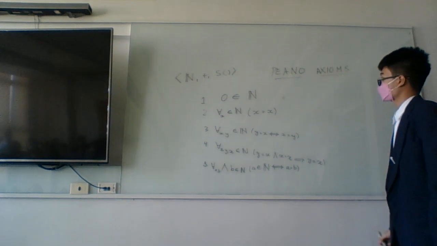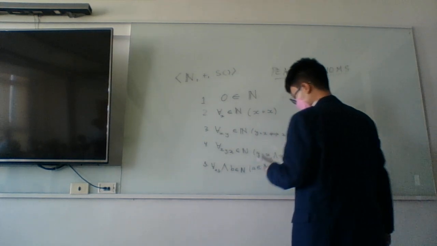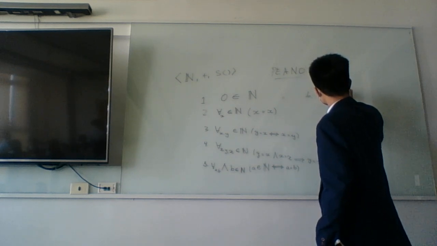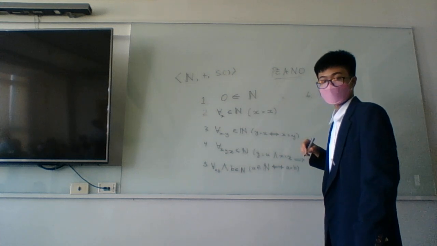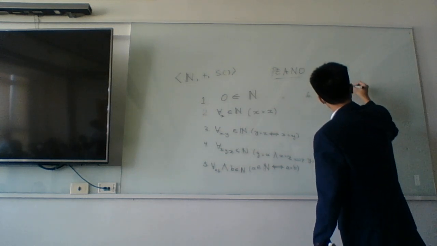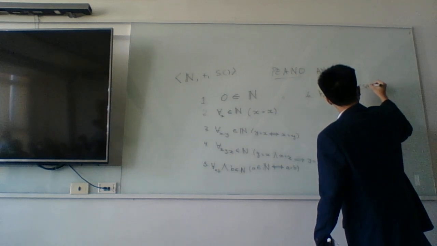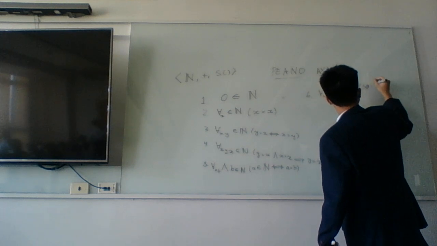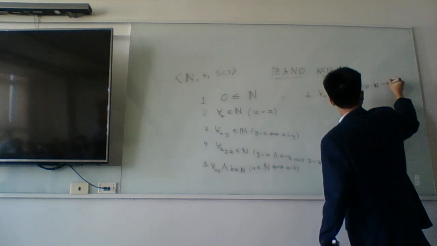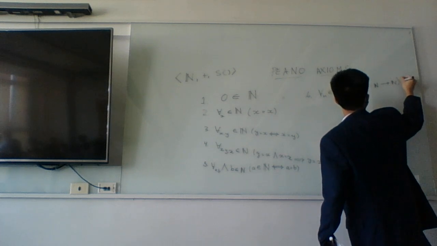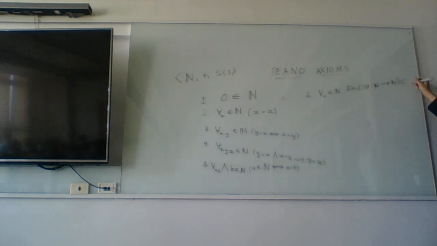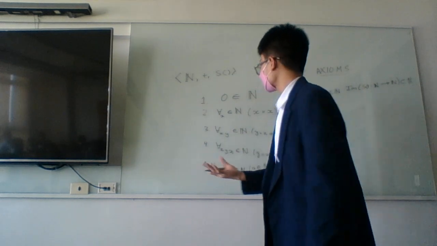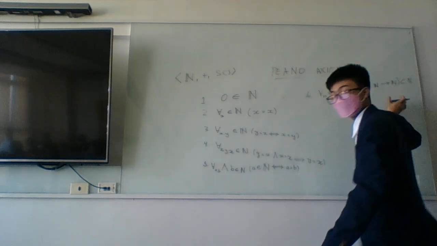The sixth one states that for all natural numbers n, the image of the successor function is a subset of N. So any output we can get from the successor function is always a natural number.